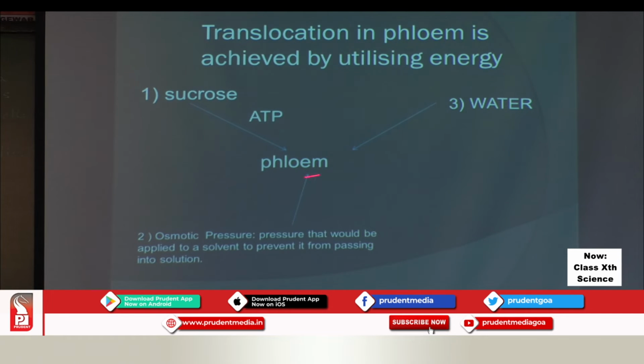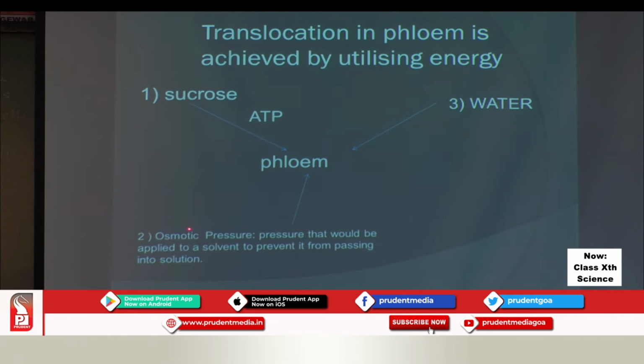Phloem, which is an example of tissue, is involved in transport of soluble products of photosynthesis. Sucrose enters the phloem by using ATP. I repeat, phloem uses energy from ATP, ATP means adenosine triphosphate, and because of this sucrose enters the phloem.